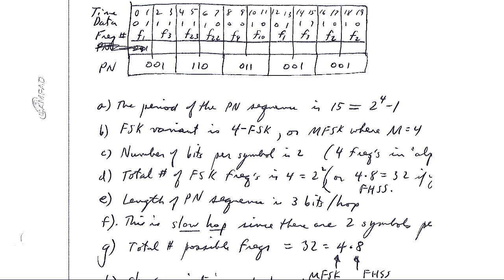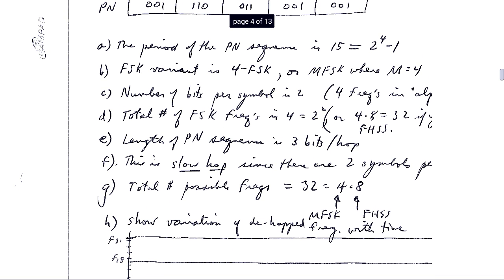Okay, so the PN frequency hops are occurring slower than the symbols. And the total number of frequencies is 32, 4 from the FSK and 8 bands from frequency hop spread spectrum.